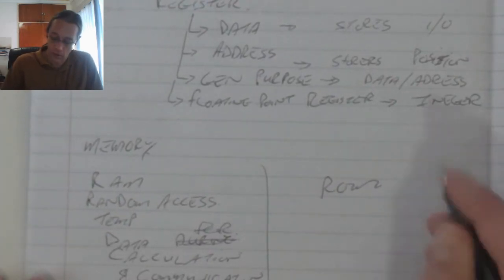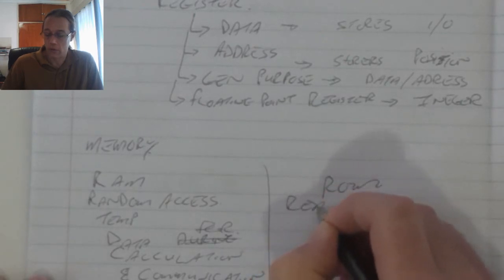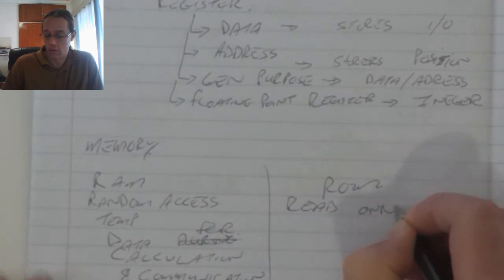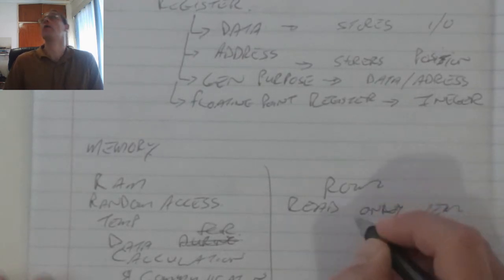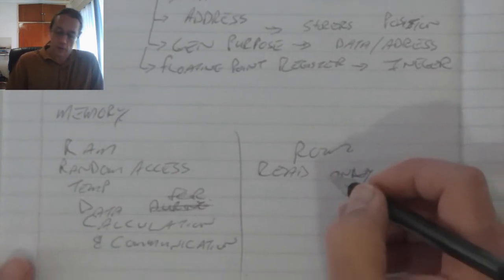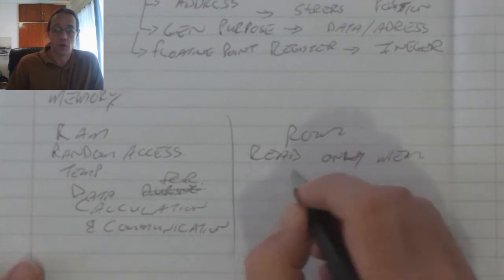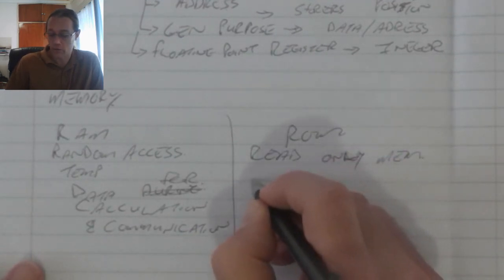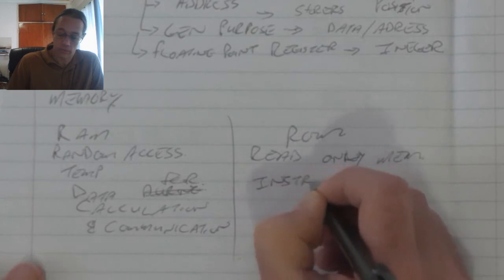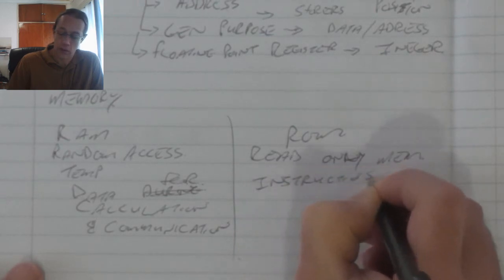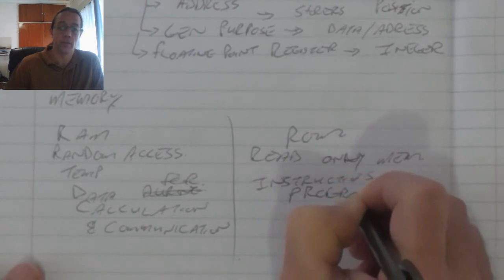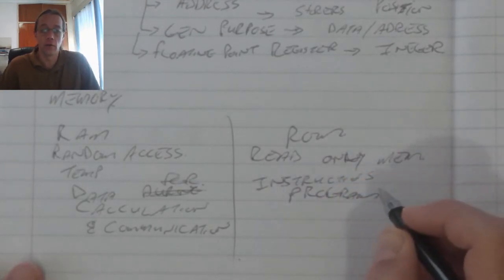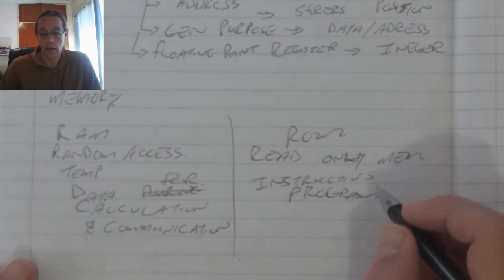The ROM, read only memory, functions to store instructions or the program that is used to tell the CPU how to operate.